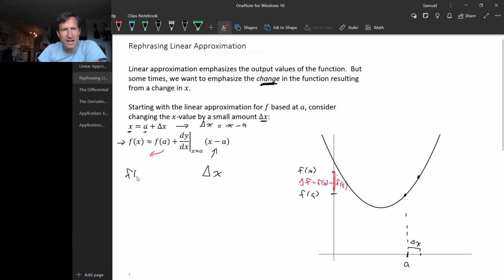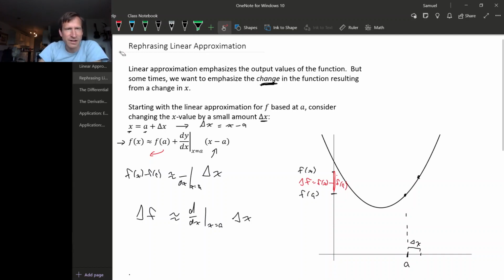So then we get f of x minus f of a is approximately the derivative at the base point times delta x. So here we have delta f is approximately dy dx evaluated at the base point times delta x. And maybe instead of y, I should be writing f.